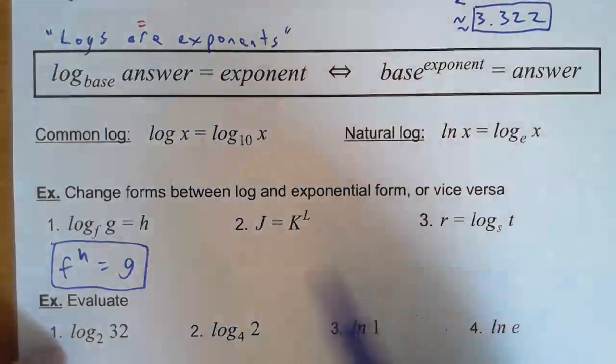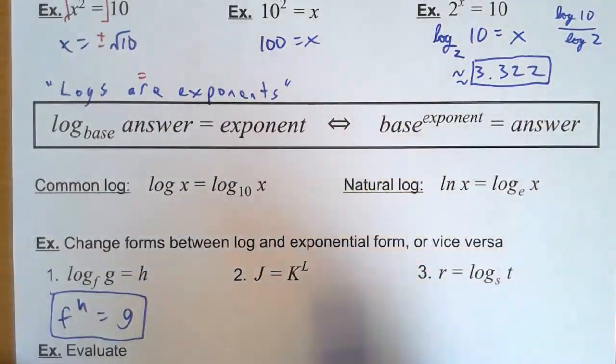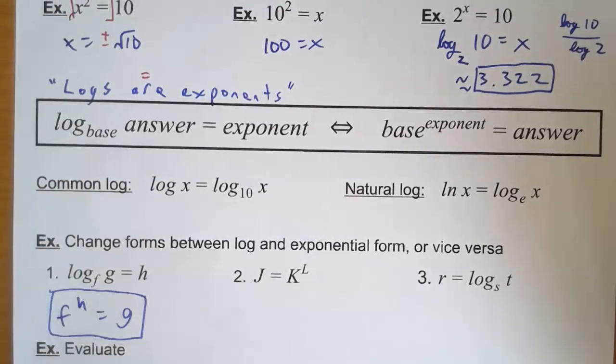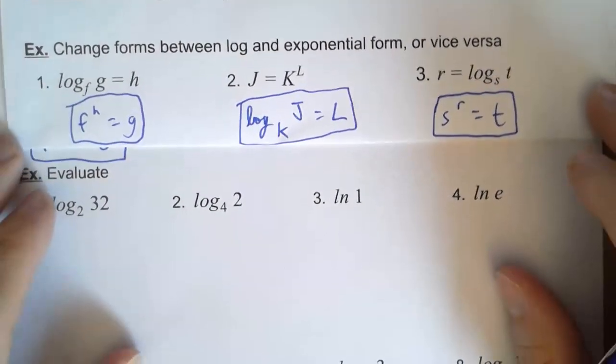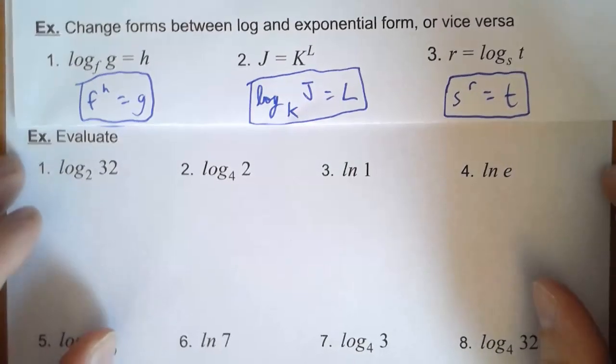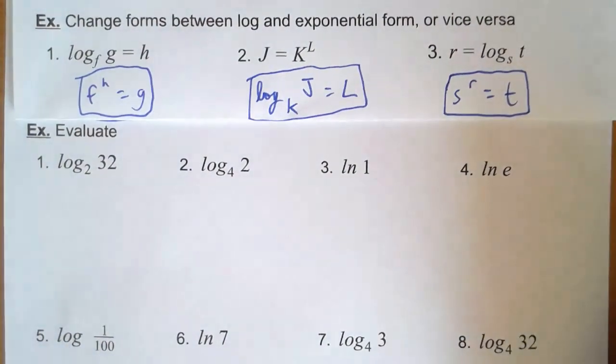Why don't you take just a couple seconds and change forms on numbers 2 and 3 right here. Make sure you know how to switch things back and forth. Right, and so those should have been your answers. Just make sure you know that the base is the base and the log equals the exponent. It should be fine.